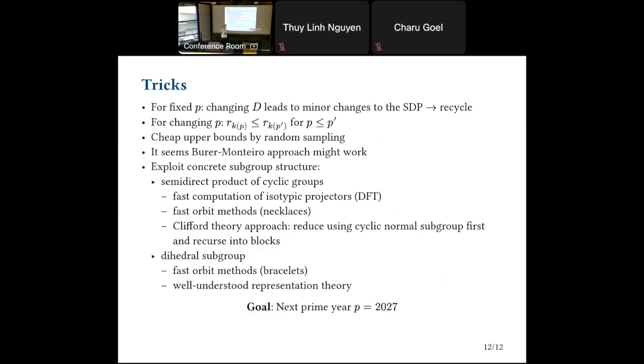So maybe I ask a question. Everything you explained was to solve the Lasserre relaxation of order 2? Yes. Without symmetry reduction, you have an enormous matrix.